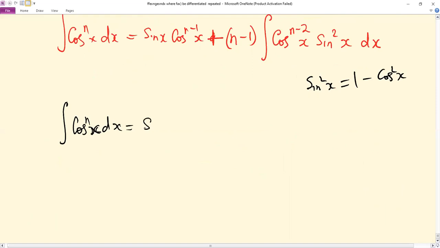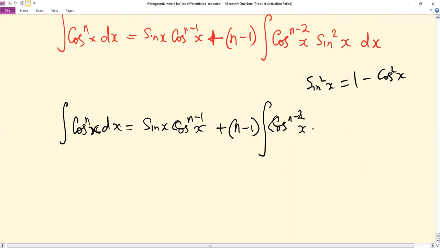is the same as sine x cos power n minus 1 of x plus n minus 1 times the integral of cos power n minus 2 of x times 1 minus cos squared x dx.